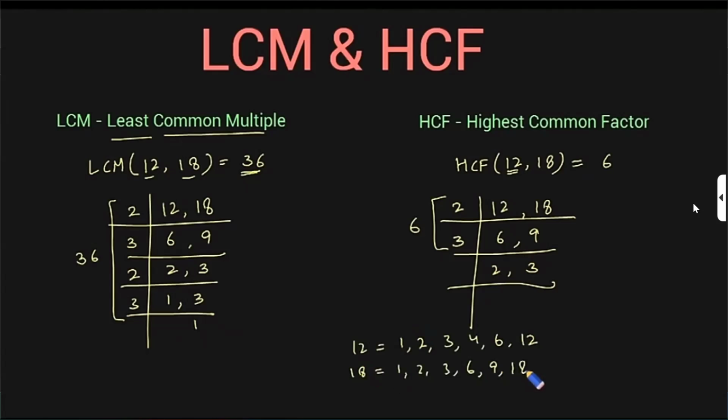So among the common factors, 6 is the maximum, the highest common factor. Although the word highest is there, it will not go beyond the numbers. That means factors are always less than or equal to the number, whereas the LCM is always equal to or greater than the numbers.